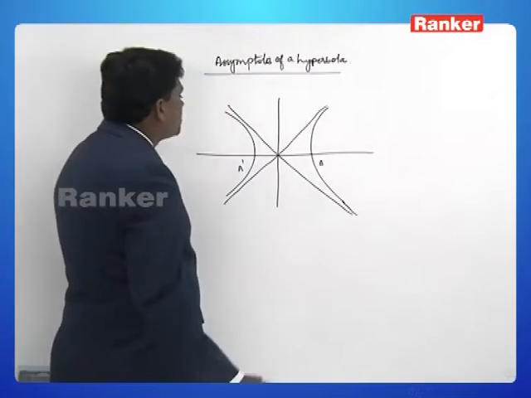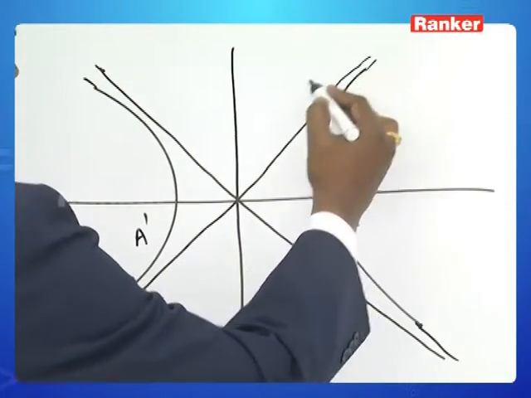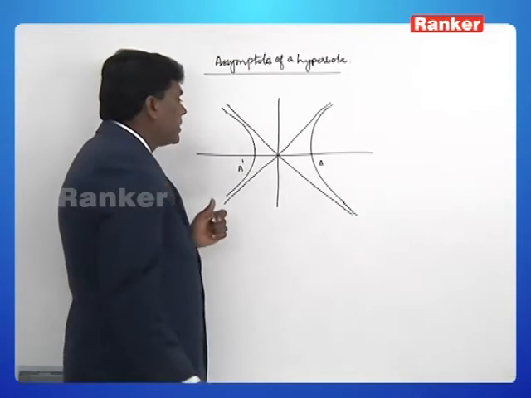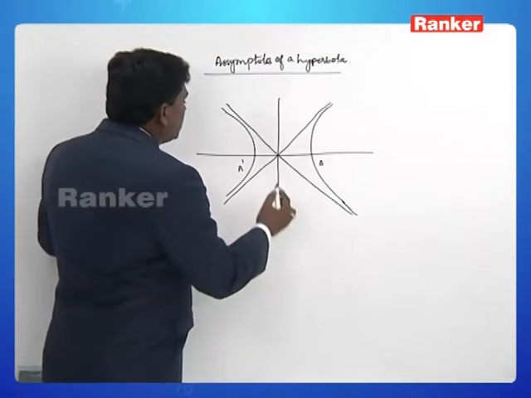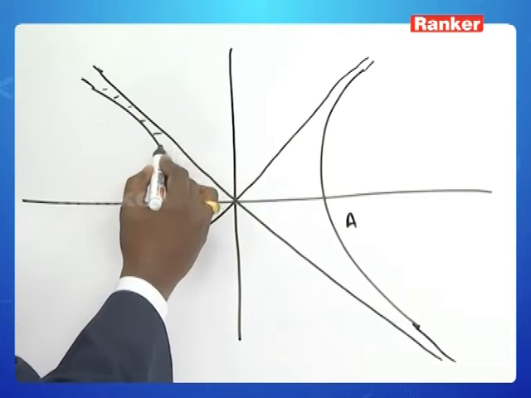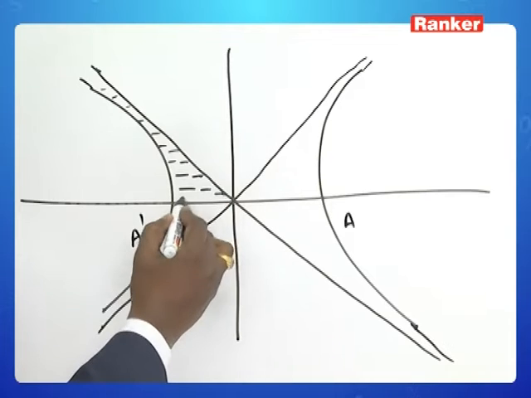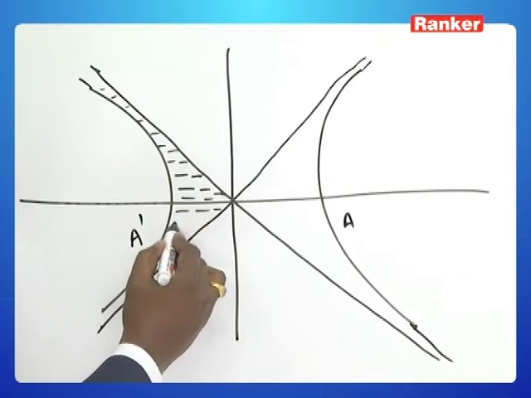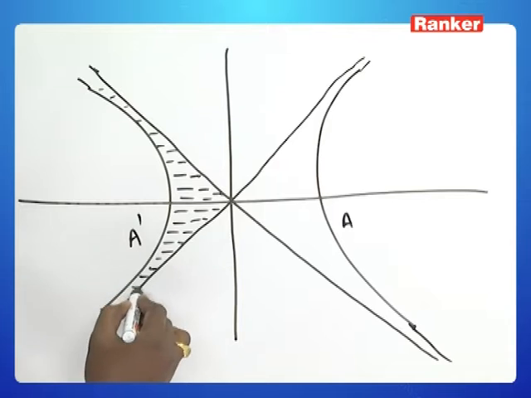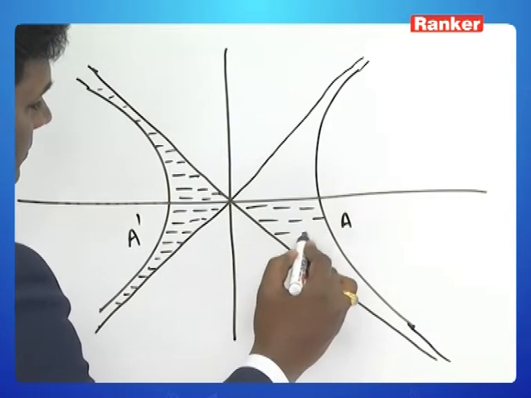These asymptotes are dividing the plane of this hyperbola into two important zones according to a requirement. I am taking two zones here. Here, the first zone is the zone between the pair of asymptotes and the given curve. This is taken as the first zone.